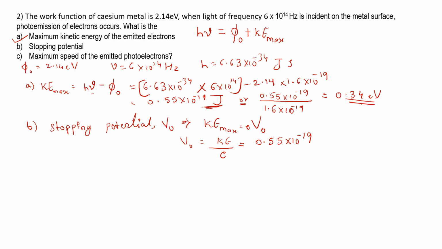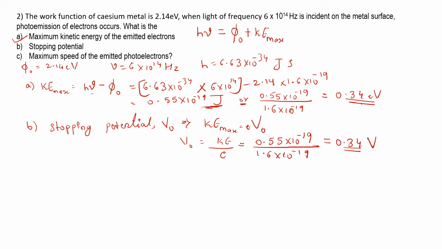Now E is the charge of an electron, that is 1.6 into 10 raised to minus 19. When you calculate both, what do you get? 0.34 volt. What is this 0.34 volt? That is the stopping potential.